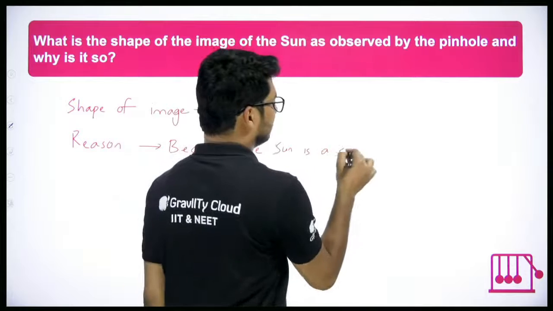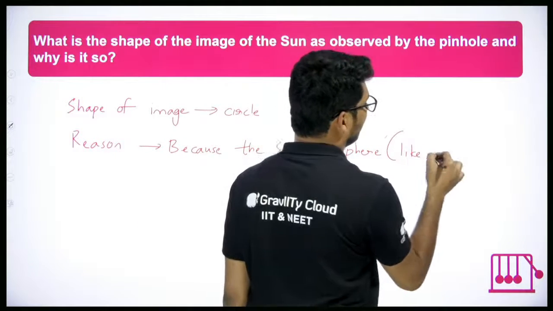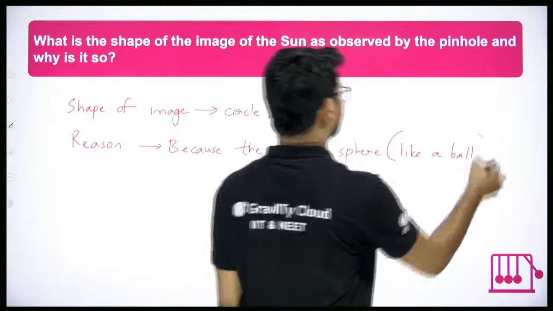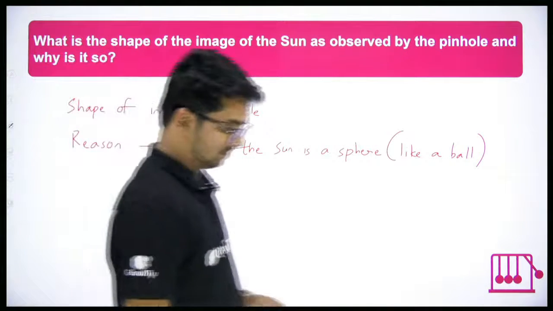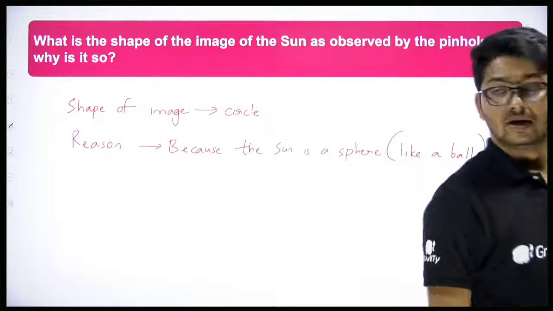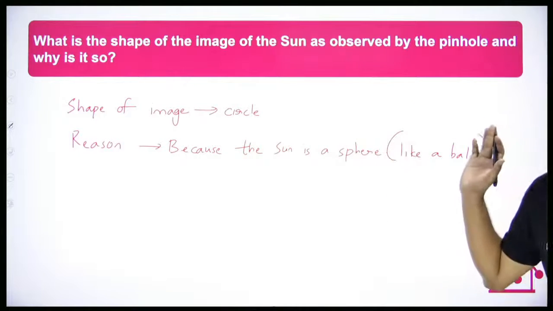I can say it's a sphere, or in brackets I can say a ball, like a cricket ball, like a football. It's round, completely round. Okay, good. Understood? Very simple. The shape of the image is a circle, and the reason is this.